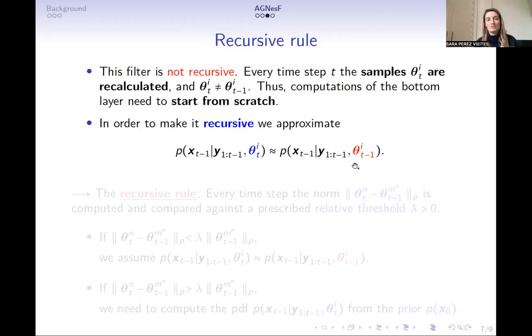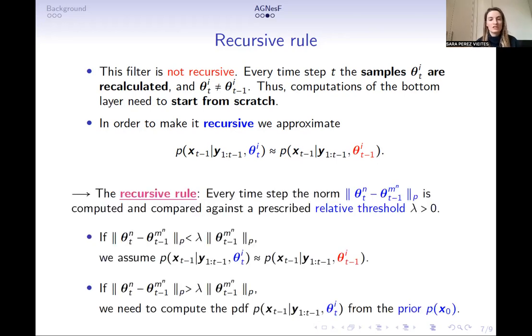And when is this a reasonable approximation? When can we take this approximation without introducing much error? So we are going to compute the norm between both samples, the new one and the previous one. And we are going to compare this norm against a prescribed threshold lambda.